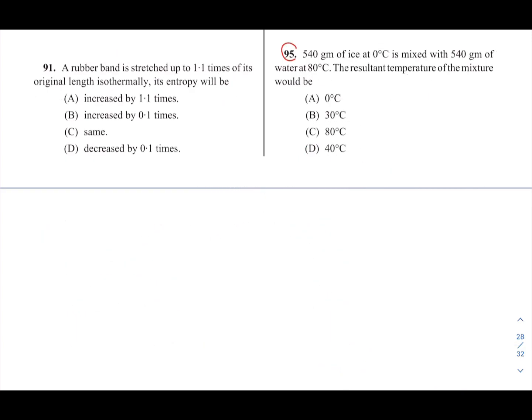Problem number 95. 540 gram of ice at 0 degree Celsius is mixed with 540 gram of water at 80 degree Celsius. The resultant temperature of the mixture would be. So let us first calculate the heat required to melt the ice. This is equal to 540 gram times the latent heat, that is 334 joule per gram, and this is 180360 joule.